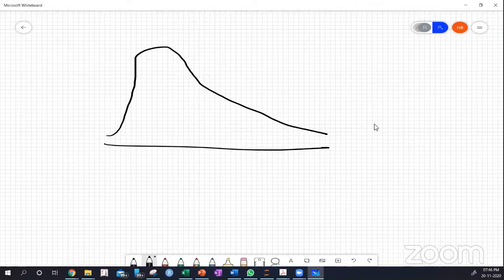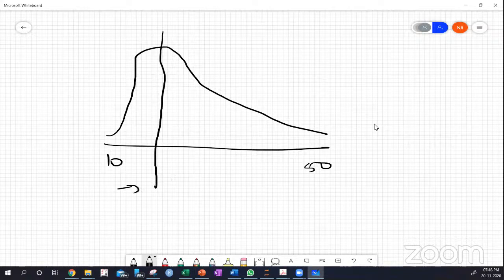For example, I have a distribution like this. I find most of them are present in the lower range. So where does my median come? It will come somewhere here. So 50% are present here, and the rest 50% are present here. So it will give an idea. Let's assume this number comes to 20.